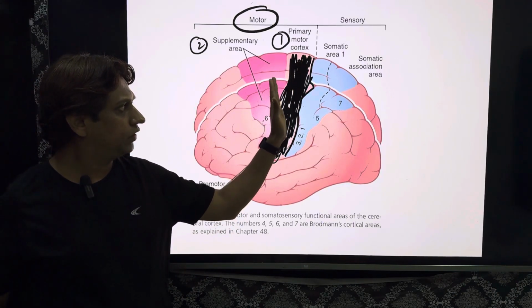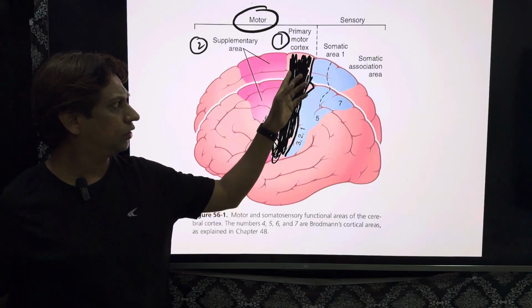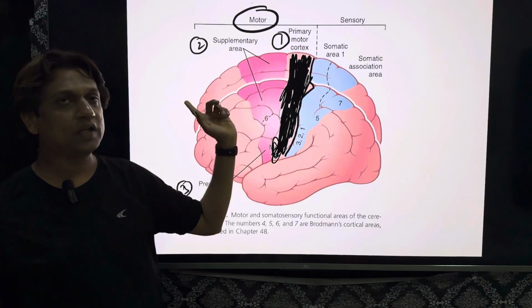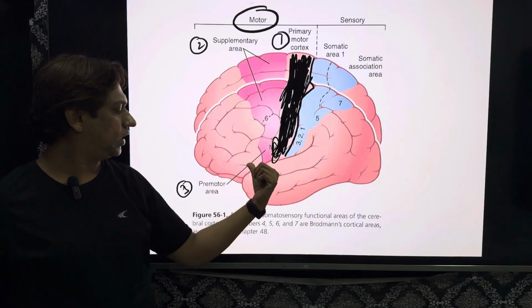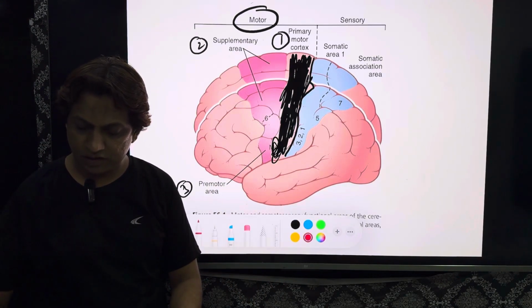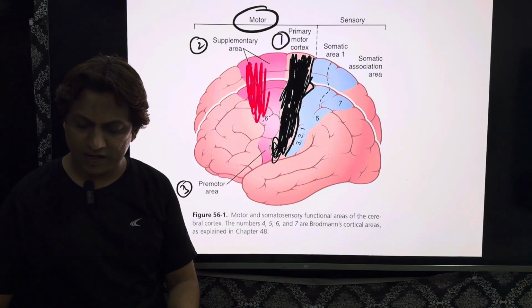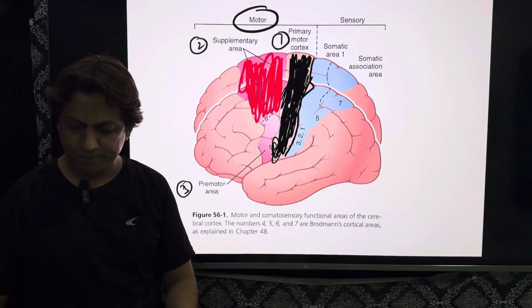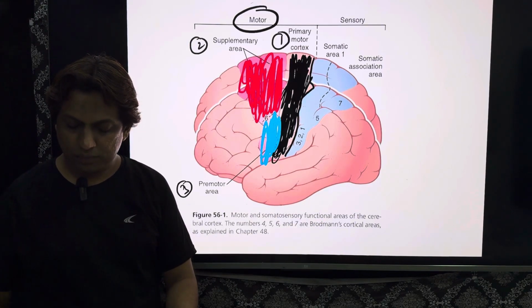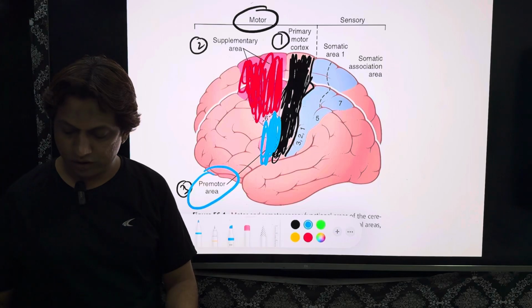Along with that, 1 to 3 centimeters anterior to this primary motor area, there are two other areas: the supplementary motor area and the premotor area. With the red color I'm highlighting the supplementary area, and with blue color the premotor area.